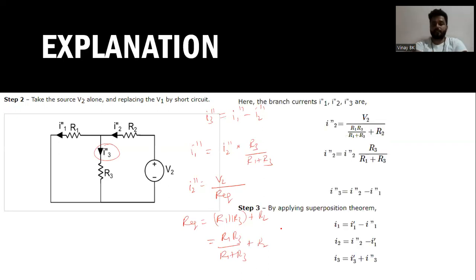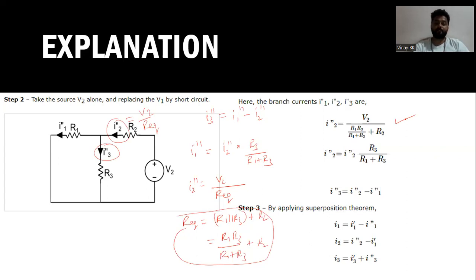The branch currents are I1 double dash, I2 double dash, I3 double dash. I2 double dash is nothing but this current, V divided by R equivalent, that is V2 divided by R equivalent. You can observe R equivalent here: V2 divided by R1 into R3 divided by R1 plus R3, plus R2 in series.